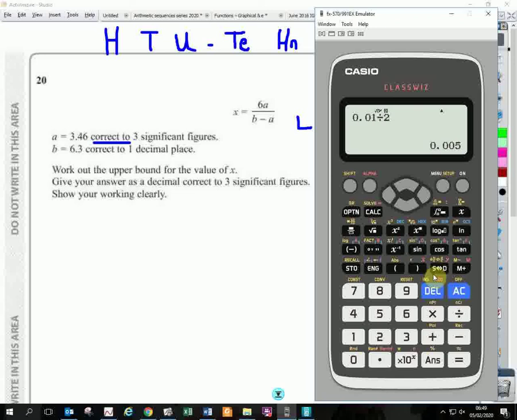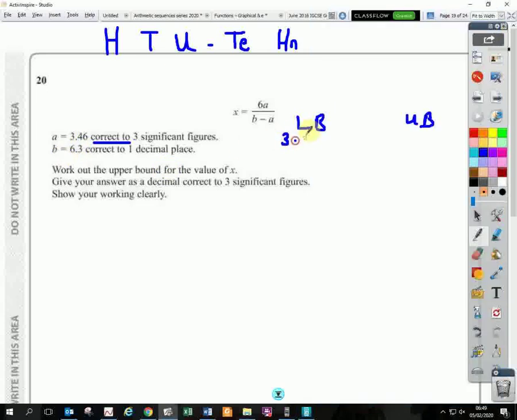This is what you need to add and subtract to 3.46 to work out the lower and upper bound. So you take the value of the column, which in this case is 0.01, divide it by 2, and then add and subtract it to 3.46. And when you do that, you end up with 3.455 for the lower one, 3.465 for the higher one.